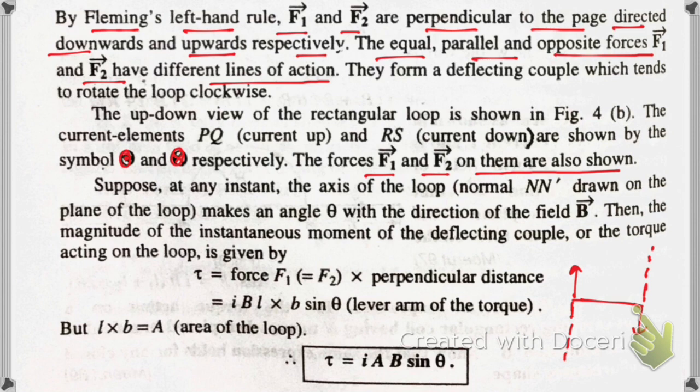So now you see torque is equal to force F1, either F1 or F2 you can take, both are equal in magnitude, into perpendicular distance, right? So here the perpendicular distance is going to be b sine theta. Let me explain how.